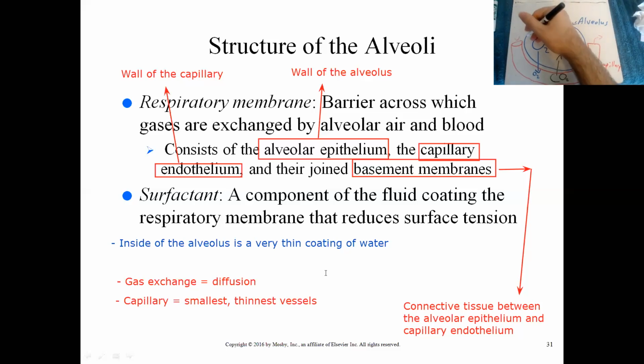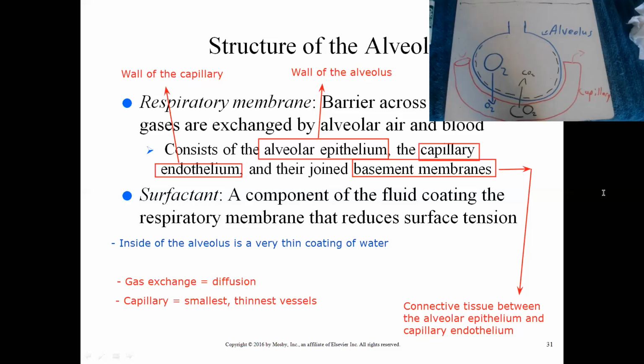So inside the alveolus is a very, very thin coating of water in the alveolus. So we need that to dissolve the oxygen, especially so it can be exchanged into the blood.